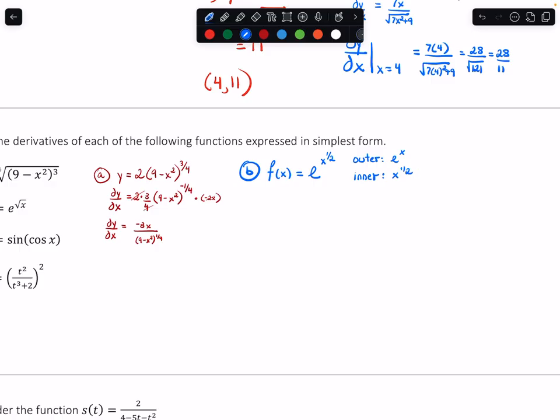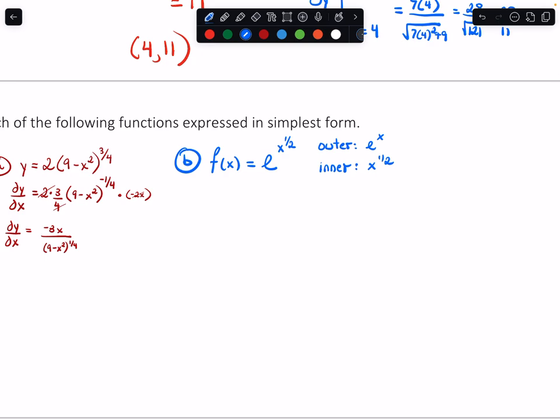Be very careful because, like I said, some functions, it's a little harder to see for some reason who's inside, who's outside. But once I recognize that, it should be no problem. So f prime of x, the derivative of f of x. So it's differentiate the outer function while leaving what's inside alone.